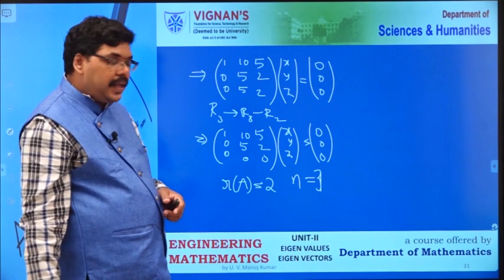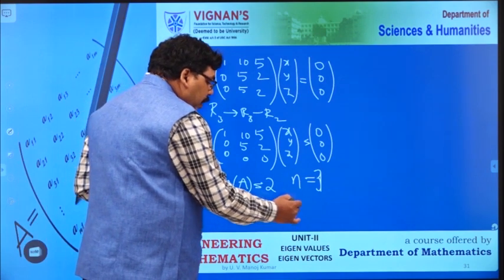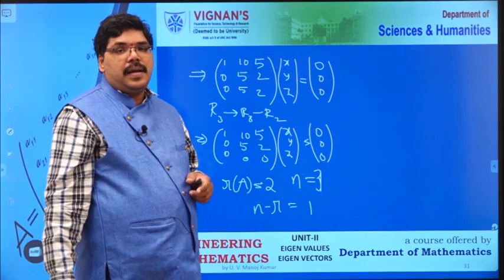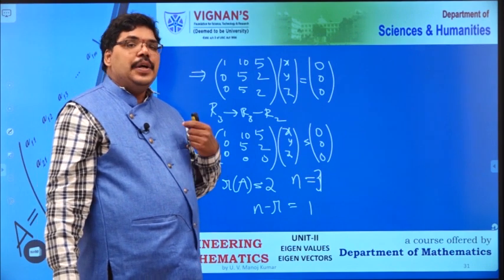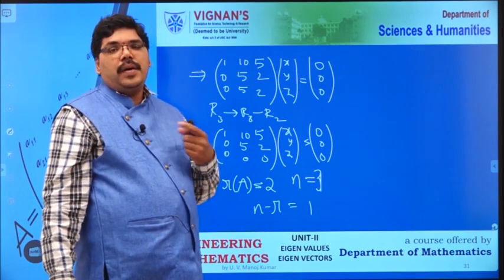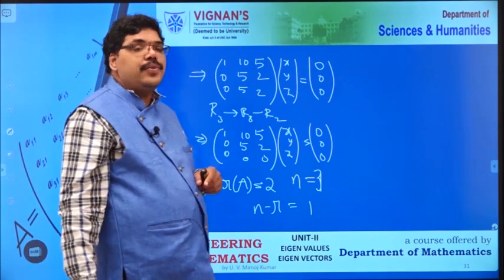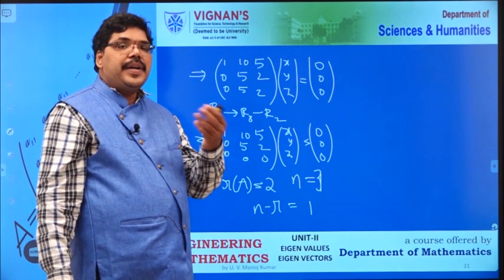Number of variables are 3, rank is 2. So n minus r equals 3 minus 2, 1. What does this n minus r represent? n minus r equals 1 means we can choose one of the variables arbitrarily. So among the 3 unknowns x, y, z, we can choose one of the unknowns as an arbitrary constant.